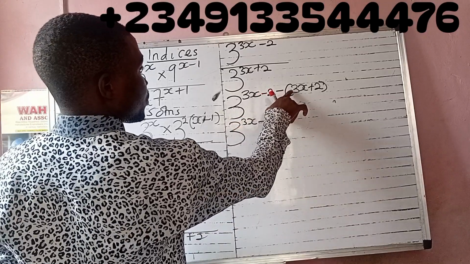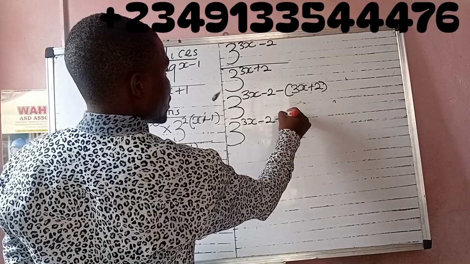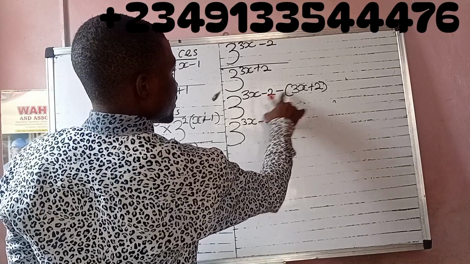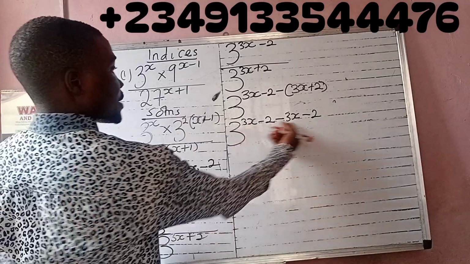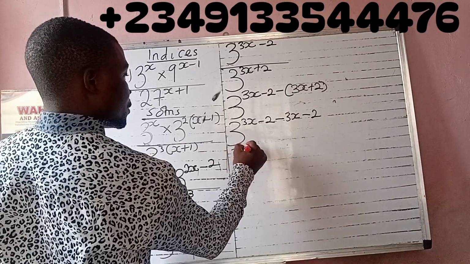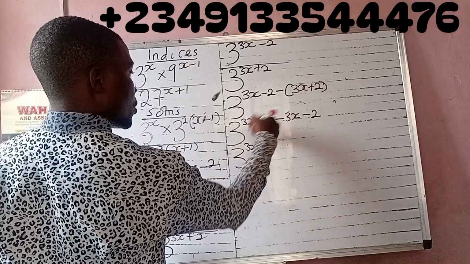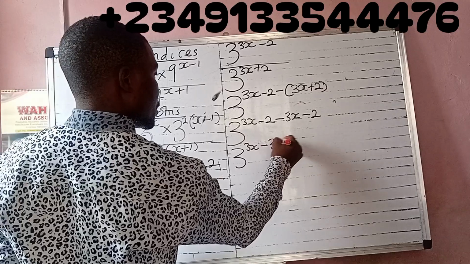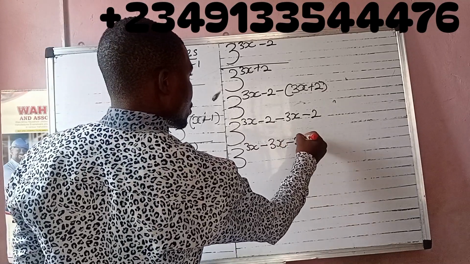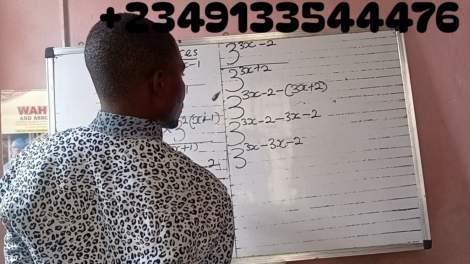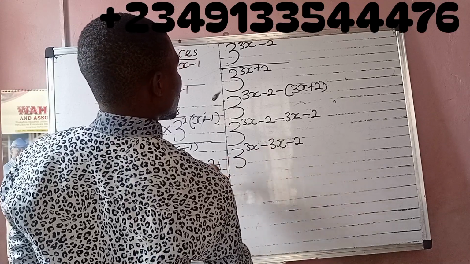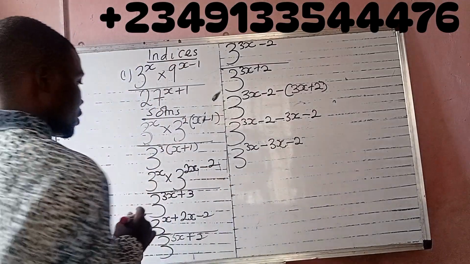Minus times plus, we have minus 3x. Minus times plus, we have minus 3. So let's collect terms here. We have 3x minus 3x minus 2.